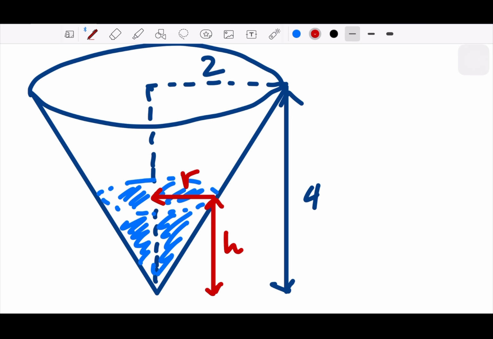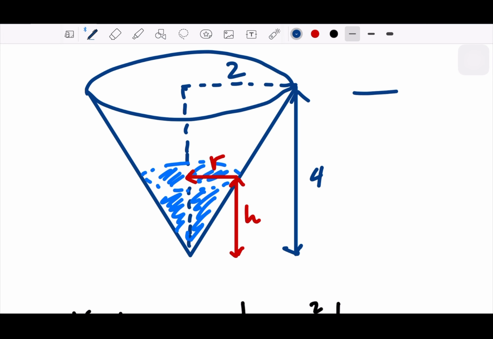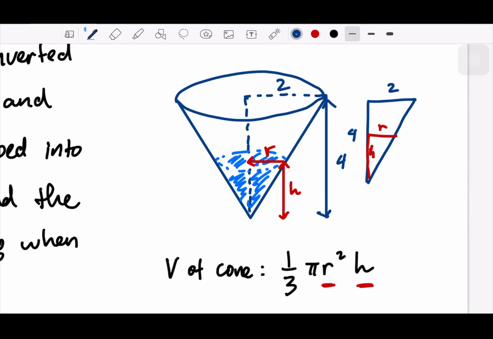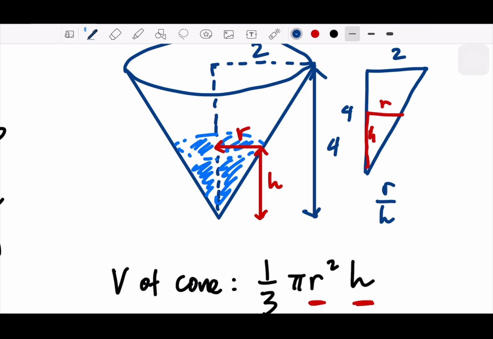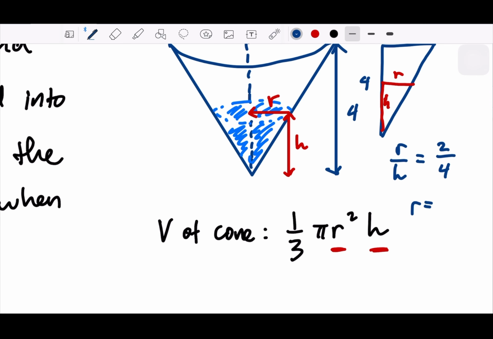Okay, if you see, we can have that R over H will result in 2 over 4 by looking at this triangle. So R is half of H.